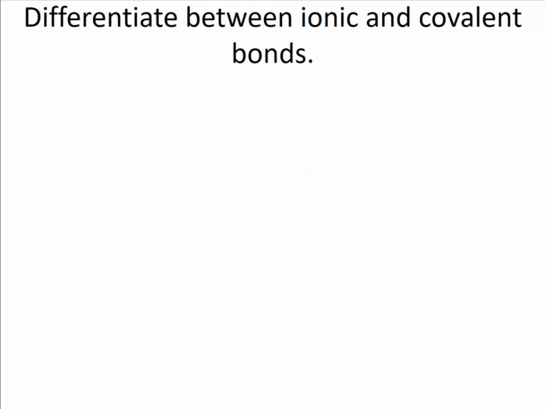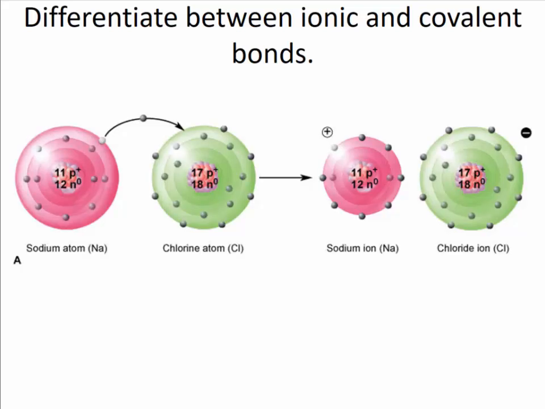These are two different types of bonds that act within compounds or molecules in order to hold atoms together. Let's start by looking again at the sodium and the chlorine atoms reaction, where the sodium atom gives off the electron, forming the sodium ion. The chlorine accepts that electron and becomes the chloride ion.